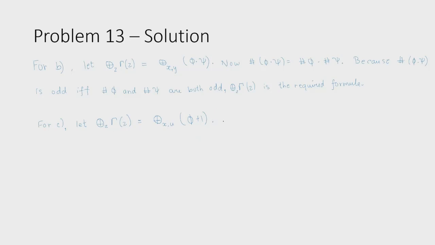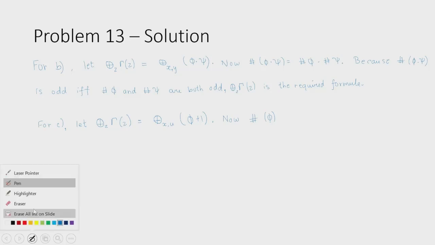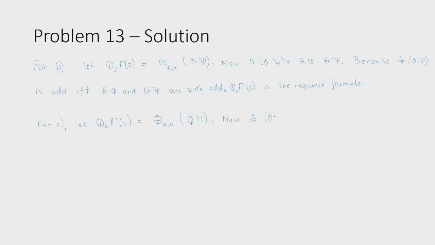So now, the number of satisfying assignments of phi plus 1 is equal to the number of satisfying assignments of phi plus 1. So the number of satisfying assignments of phi plus 1 is odd if and only if the number of satisfying assignments of phi is even.